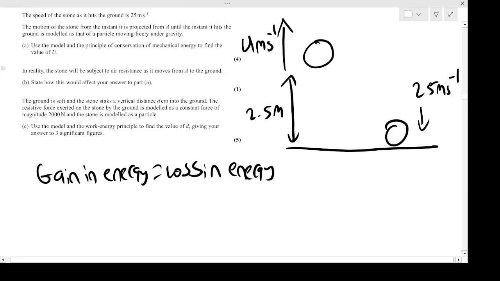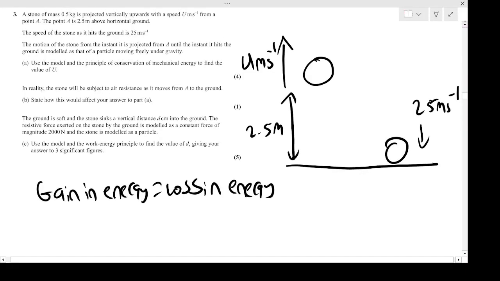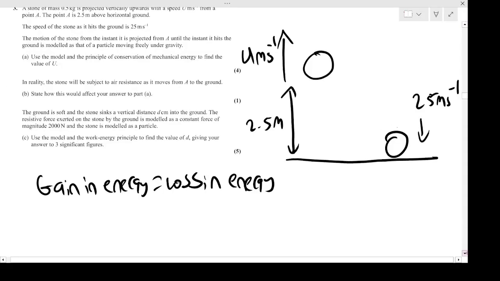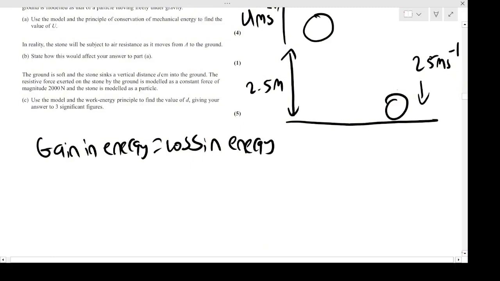We deal with kinetic energy and potential energy. Which energy are we going to gain and which one are we going to lose? We don't know the initial speed, but we do know the height. We lose height, because at the end, when we end up on the ground, we go down by 2.5 meters. So the loss is going to be from the GPE.